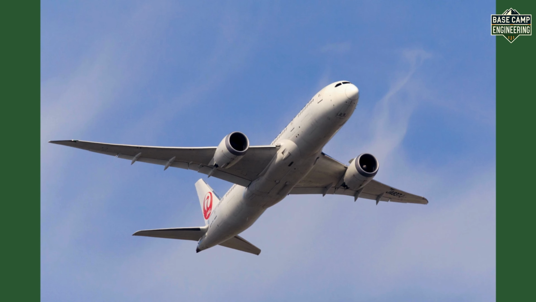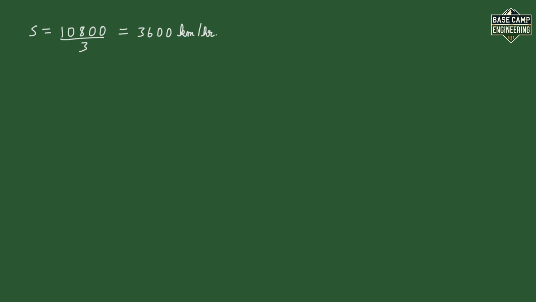Finally, let's help an airplane fly. The airplane travels 10,800 kilometers in 3 hours, and engineers need its speed in kilometers per hour. Speed is equal to 3600 kilometers per hour. Dimensional analysis, kilometers divided by hours is equal to kilometers per hour, which is correct.